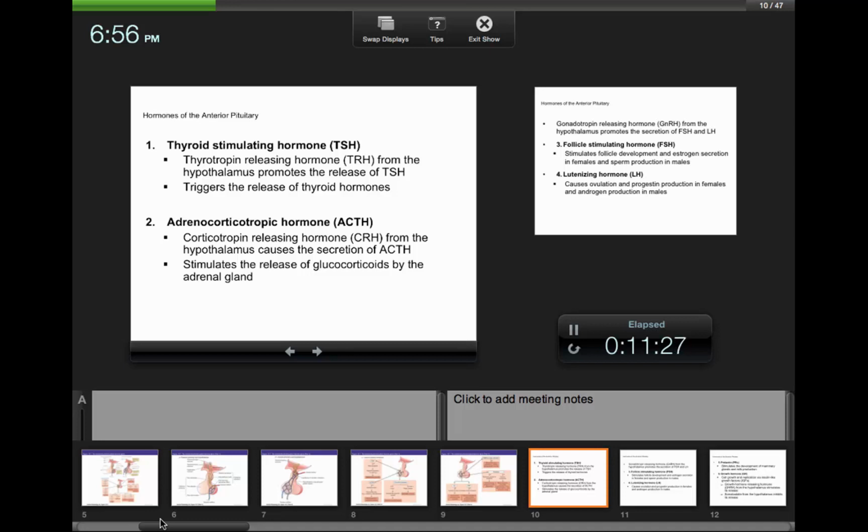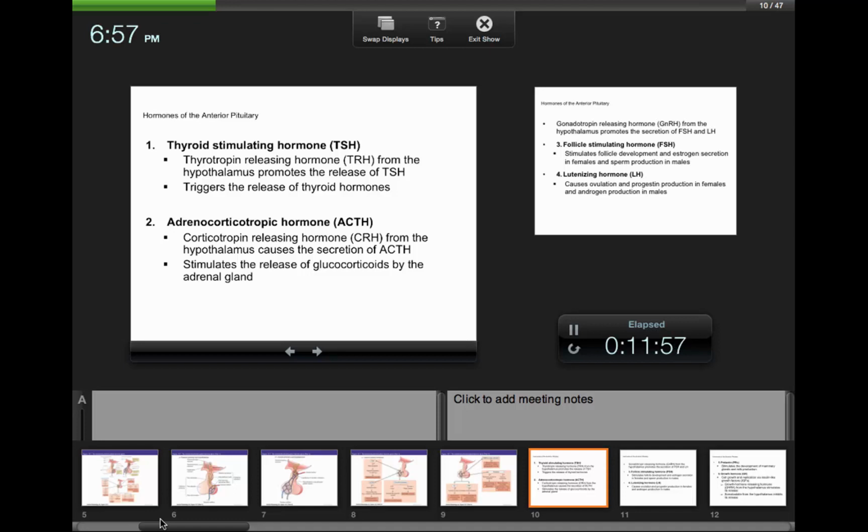Follicle stimulating hormone is actually going to travel for males to the testes, where it's going to initiate spermatogenesis. And I believe this is in the Sertoli cells. We didn't even go through that in class.